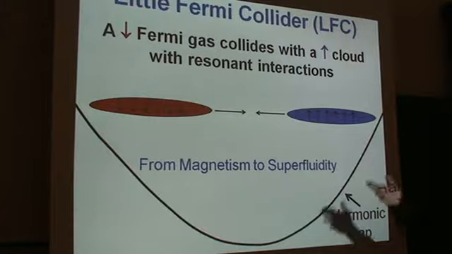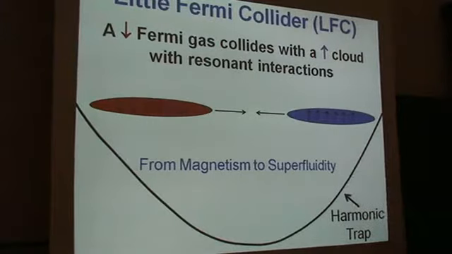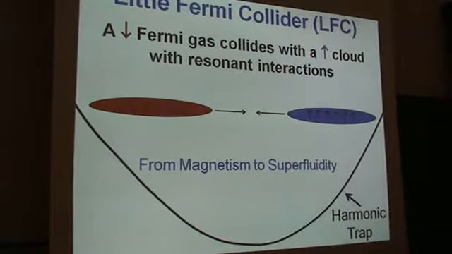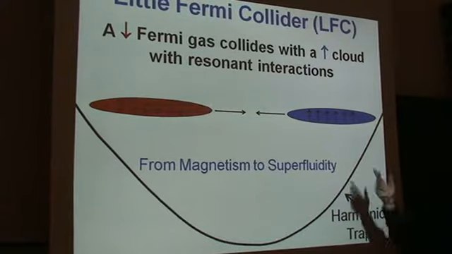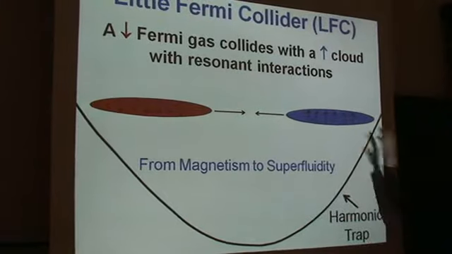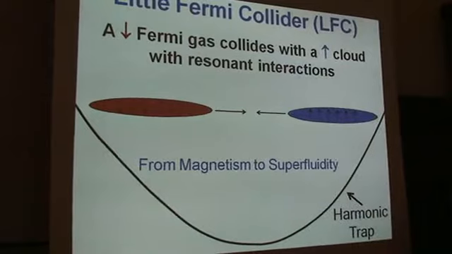Now there's no pairing anymore. In any cloud, you have only one spin. So S-wave pairing is ruled out. We have no pairing in these clouds now. It's just a normal Fermi gas.